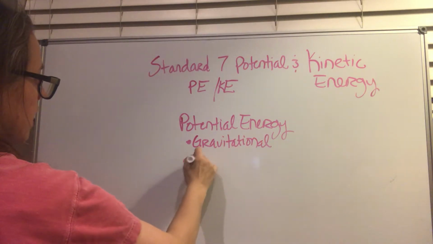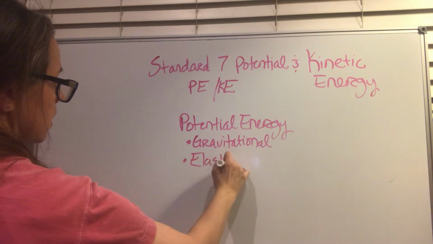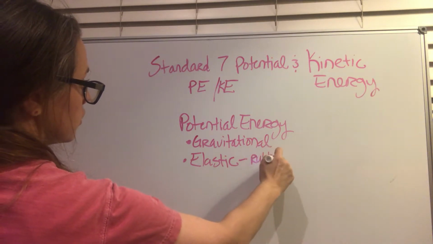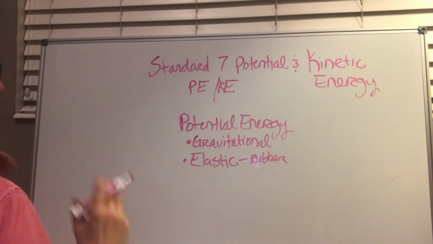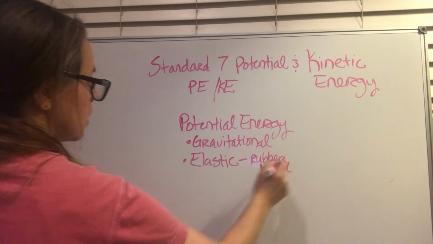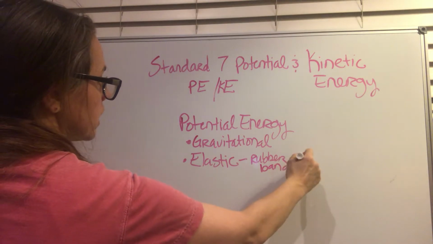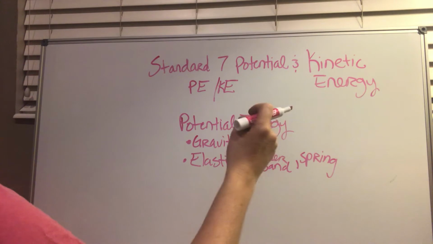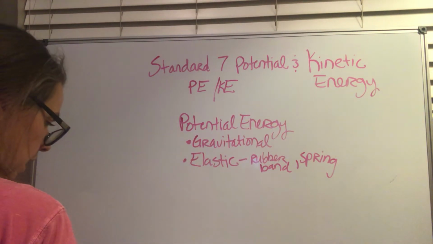But then we have elastic. So this would be like with a rubber band. The farther you stretch it, the more elastic potential energy it has. Or with springs, like on a trampoline. The farther you stretch a spring, the more potential energy it has.